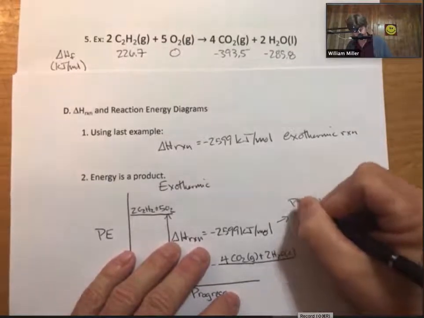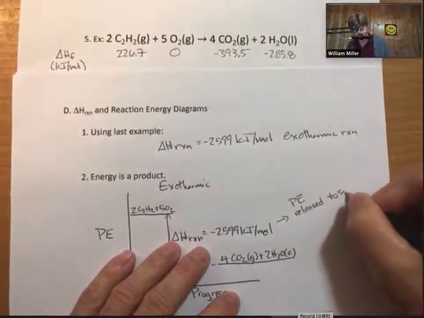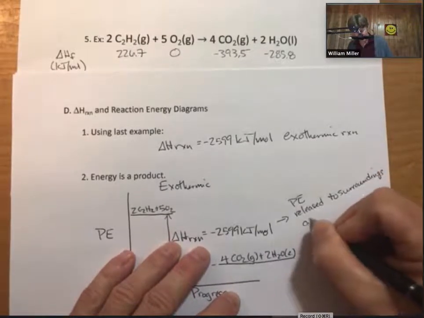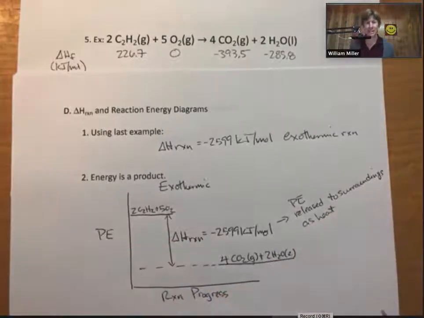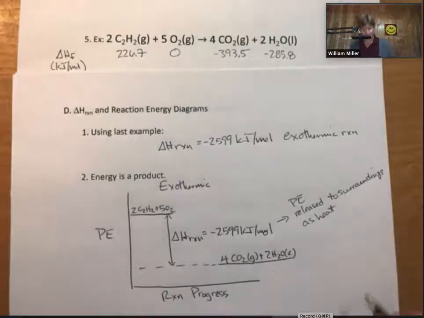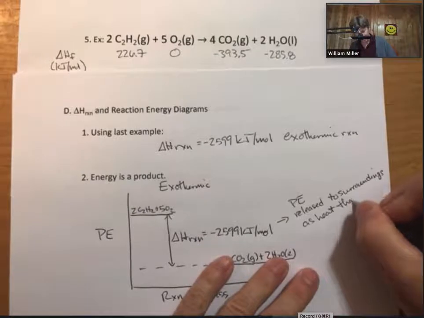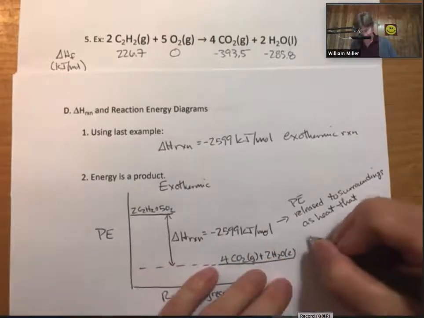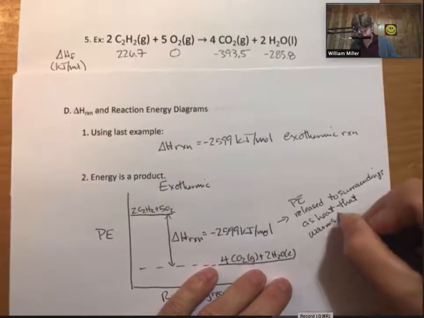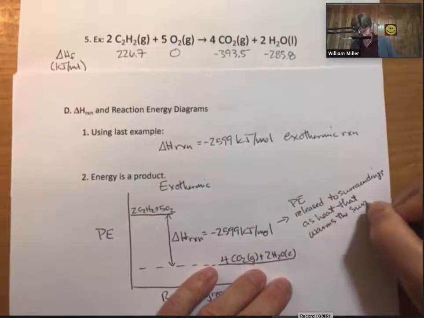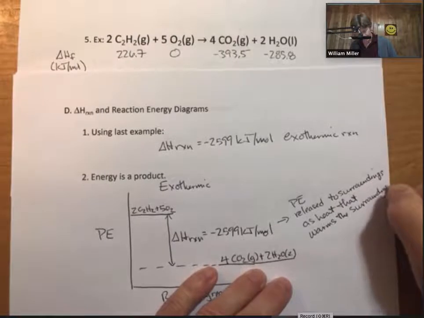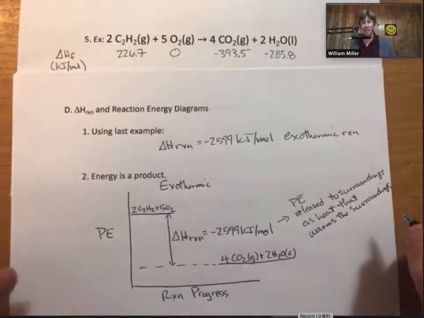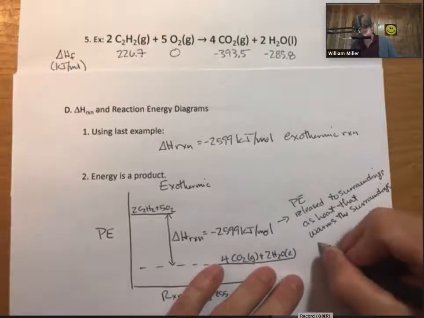This energy is released to the surroundings. So potential energy released to surroundings as heat that warms the surroundings, raises their temperature and increases their kinetic energy.